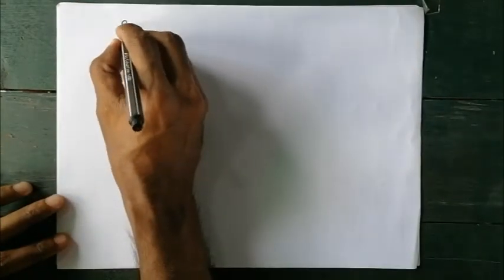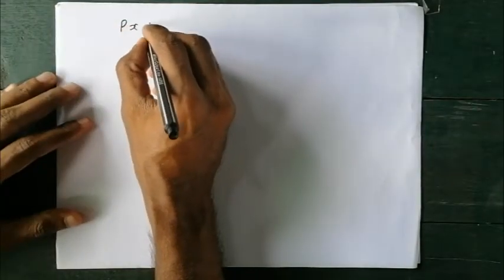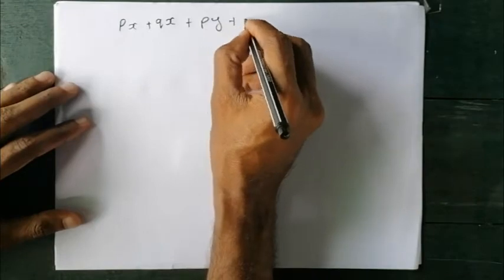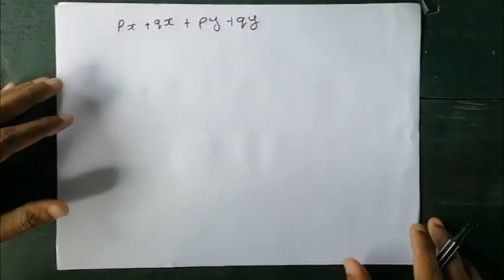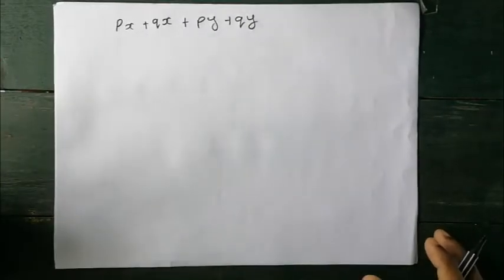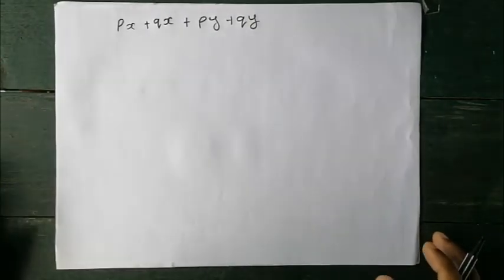Students, before we go to the second example, we are going to redo the first example in another way. So the first example is px plus qx plus py plus qy. You can do both ways for an algebraic expression with 4 terms.